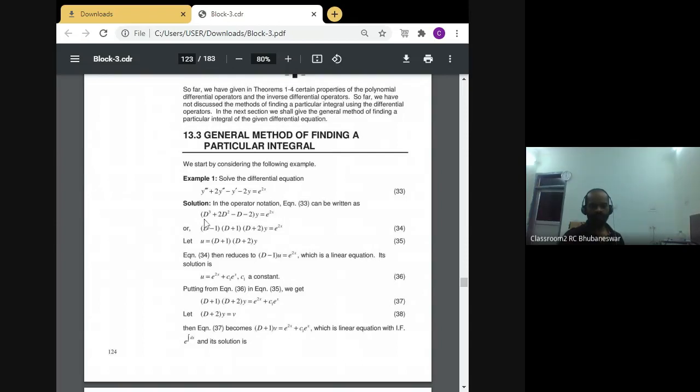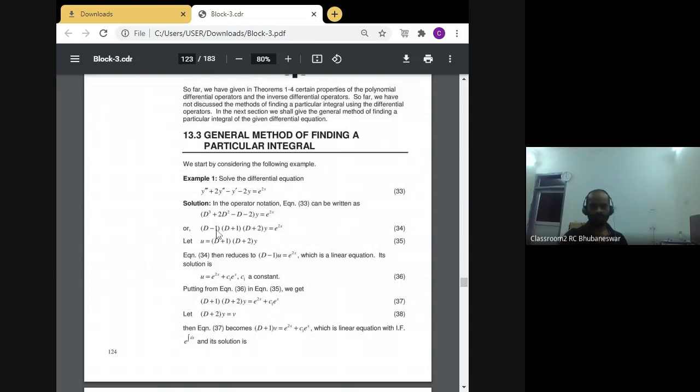Now look at this expression in the parenthesis; that can be factorized into linear factors. After factorizing the expression in the form of linear factors, to find its solution, we take the last two factors along with y as the standard function u.